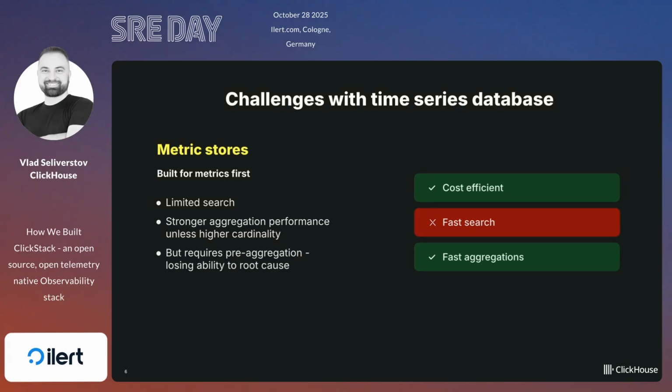To deal with cardinality, people pre-aggregate to save resources, but again, at the cost of fidelity, and that makes root cause analysis more difficult. So while metric stores helped address one problem, we end up with a fragmented picture. Now we have logs in one database, metrics in another database, instead of a single store where we have the full picture on all the fidelity levels we are looking for.